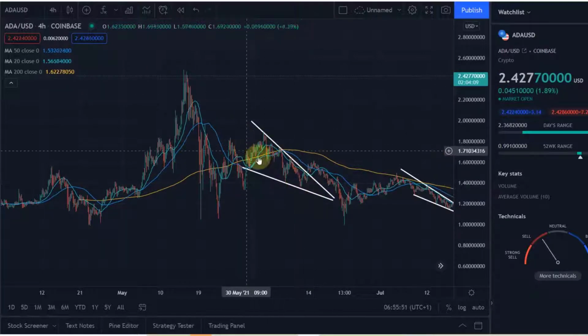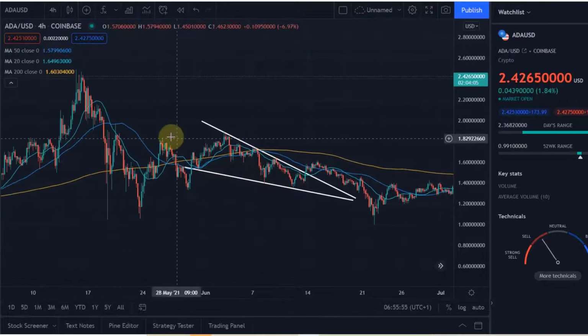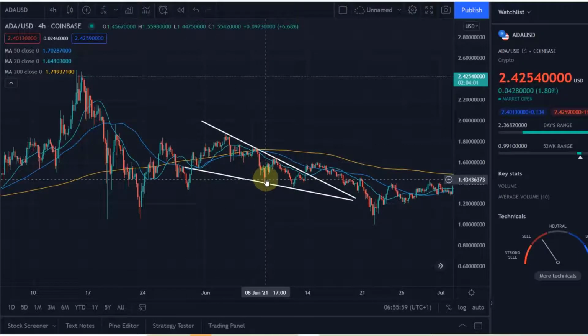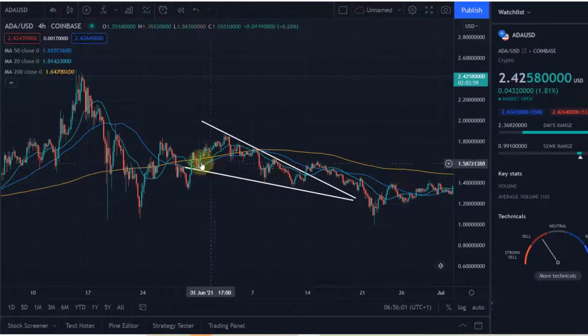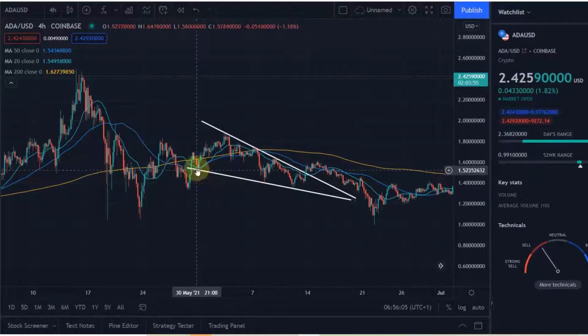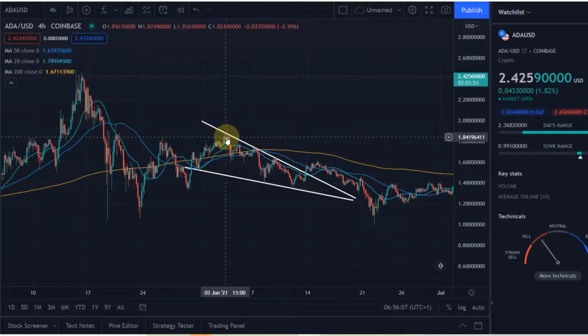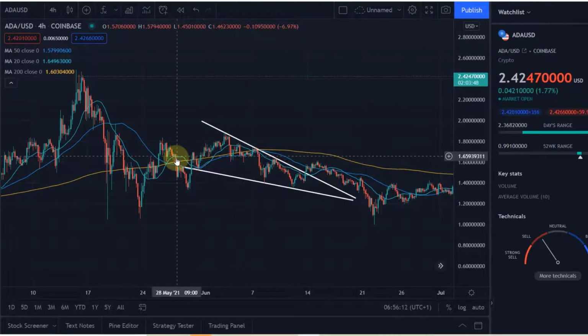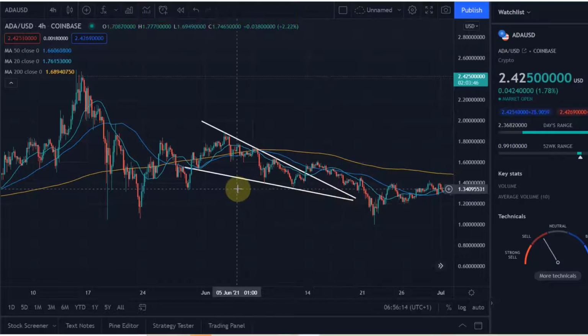Now, what does that really mean? This wedge basically tells us that while the price is moving down, the downtrend is really losing momentum, okay? Because the top resistance line, we make lower highs and we make lower lows, but the downtrend is beginning to slow down.